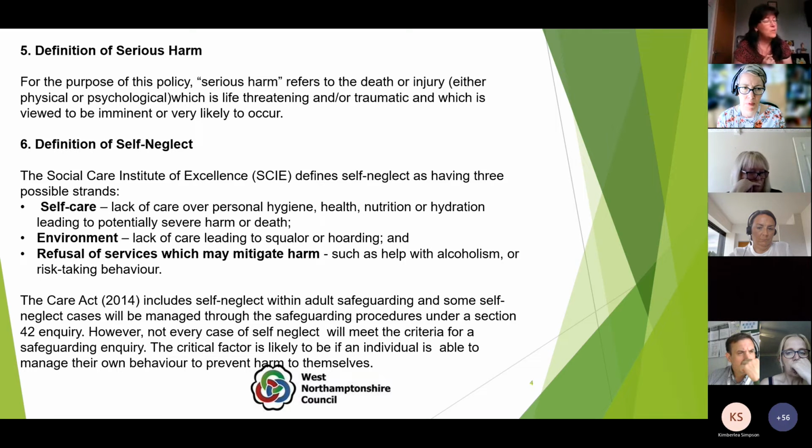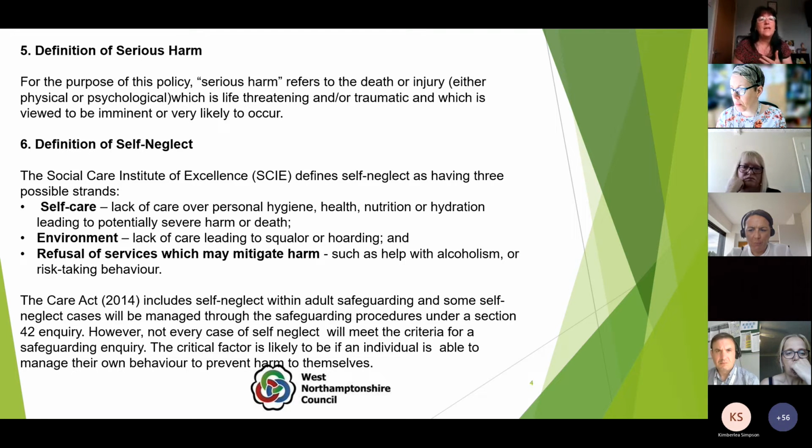Yesterday, I was doing a discussion around multiple exclusion homelessness, and that is definitely somewhere somebody may fall under that bracket. It could be somebody that is at home and is not managing their diabetes, so they're neglecting themselves, they're not managing physical health things, as well as their mental well-being.